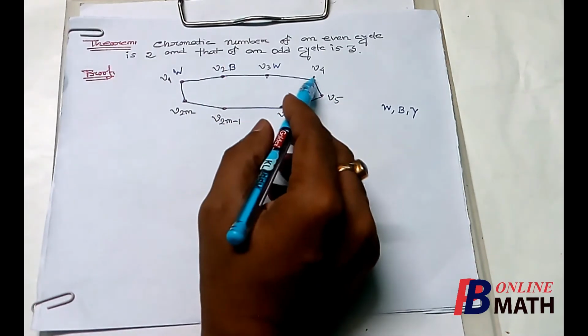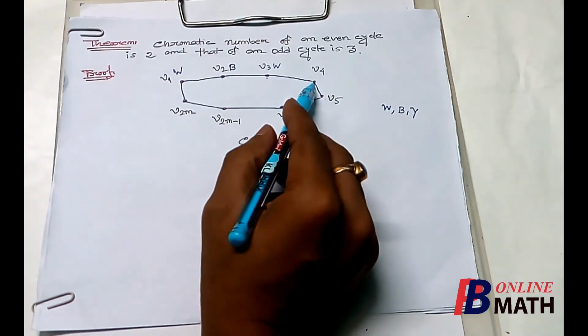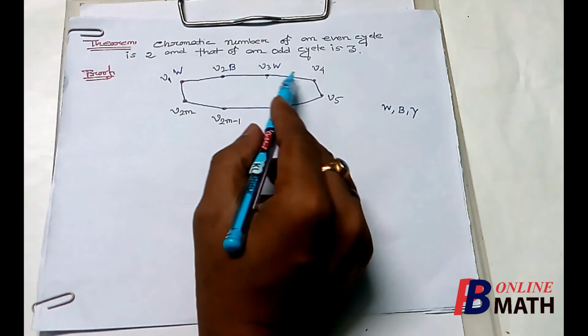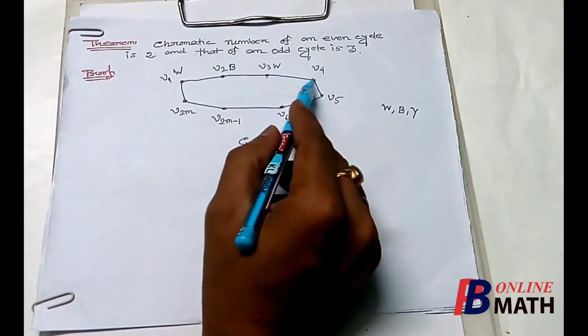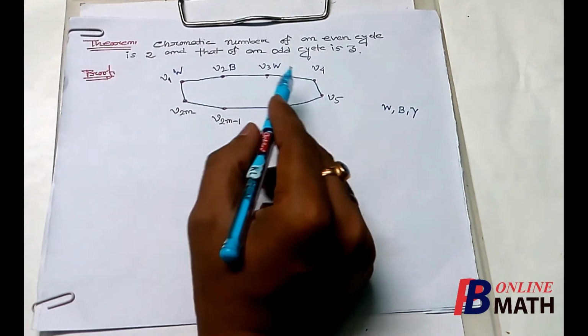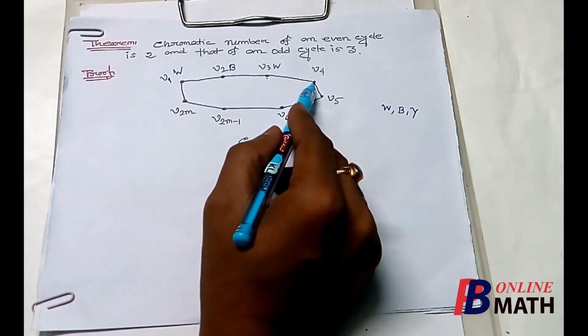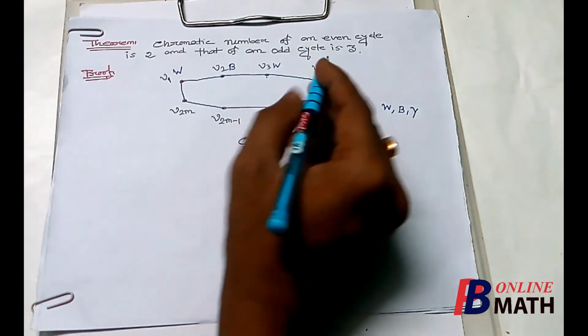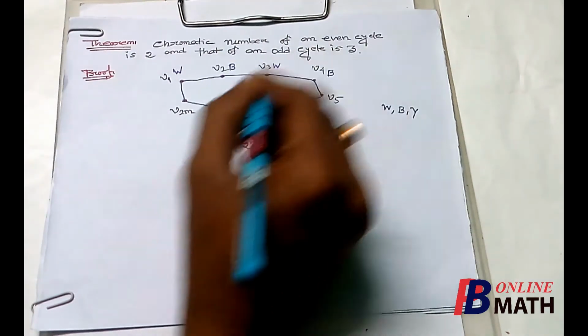Next we consider v4. Here we find that v4 is adjacent to v3, so we can't assign white color to v4, but we can assign blue color to vertex v4 because v4 is not adjacent to v2. So we can assign blue color here.